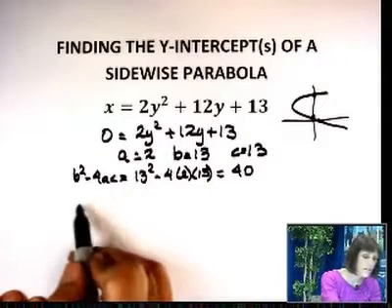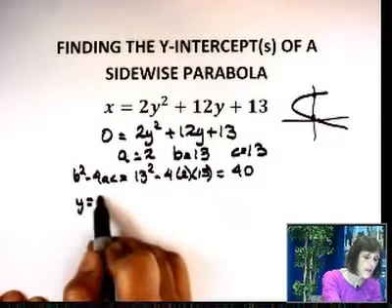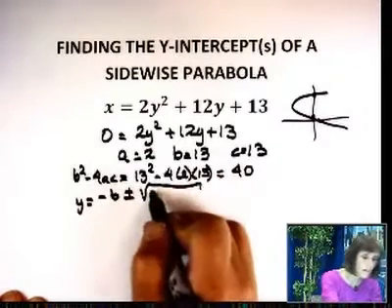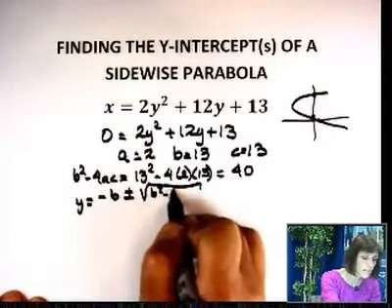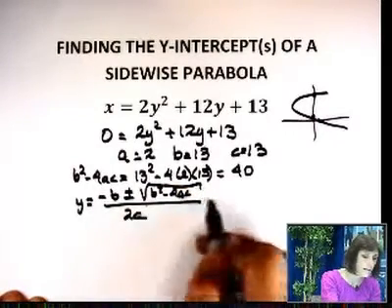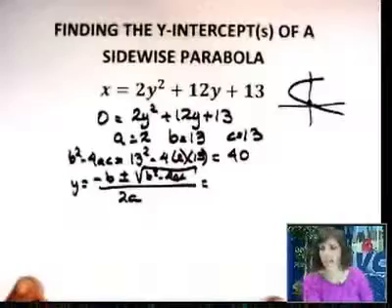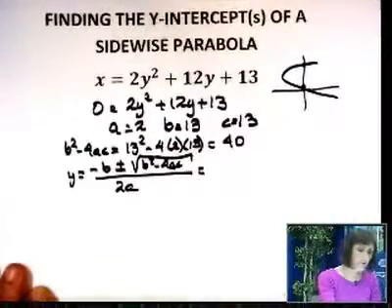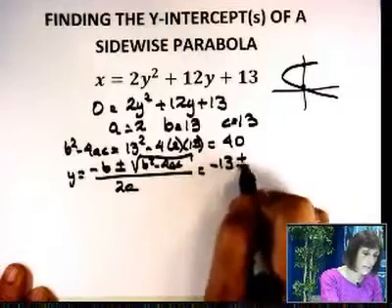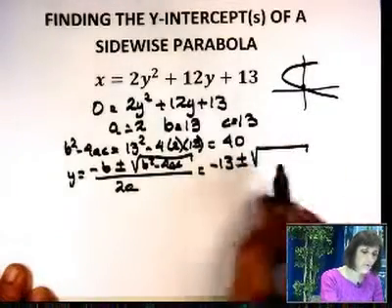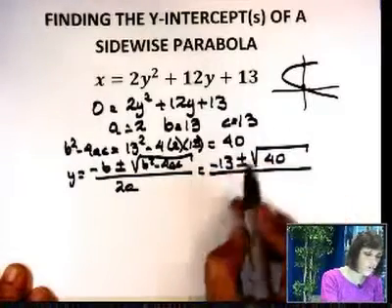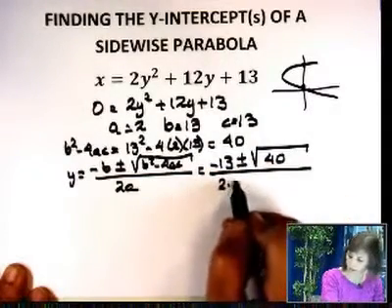So that's going to give me y equals negative b plus minus the radical of b squared minus 4ac, over 2a. So let's put those numbers down. B is negative 13 plus minus the radical of b squared minus 4ac, I already did that, 40, over 2a, 2 times 2.